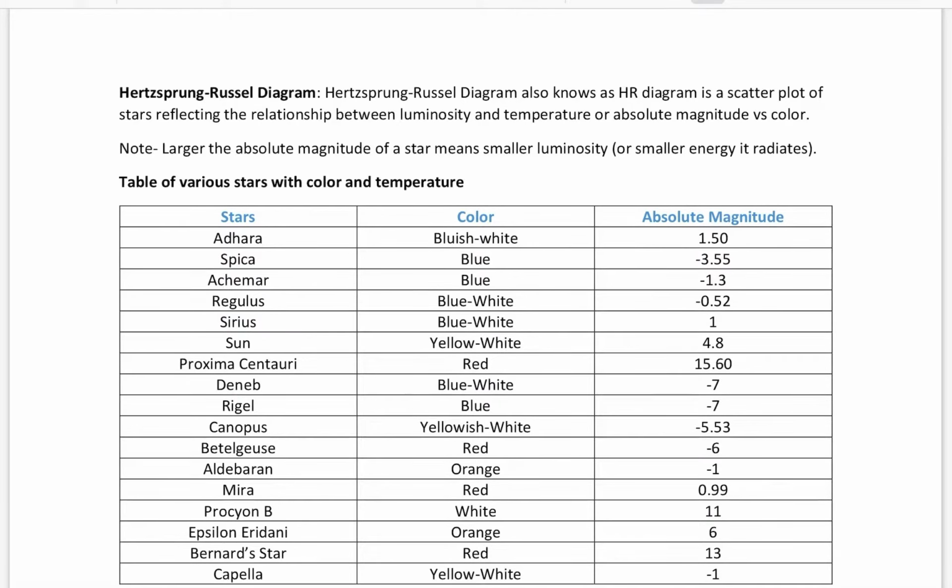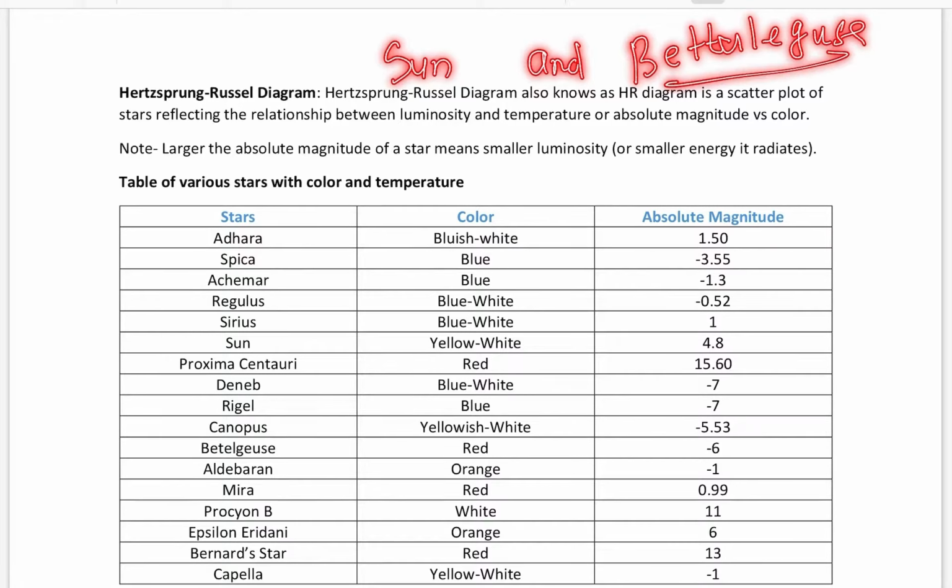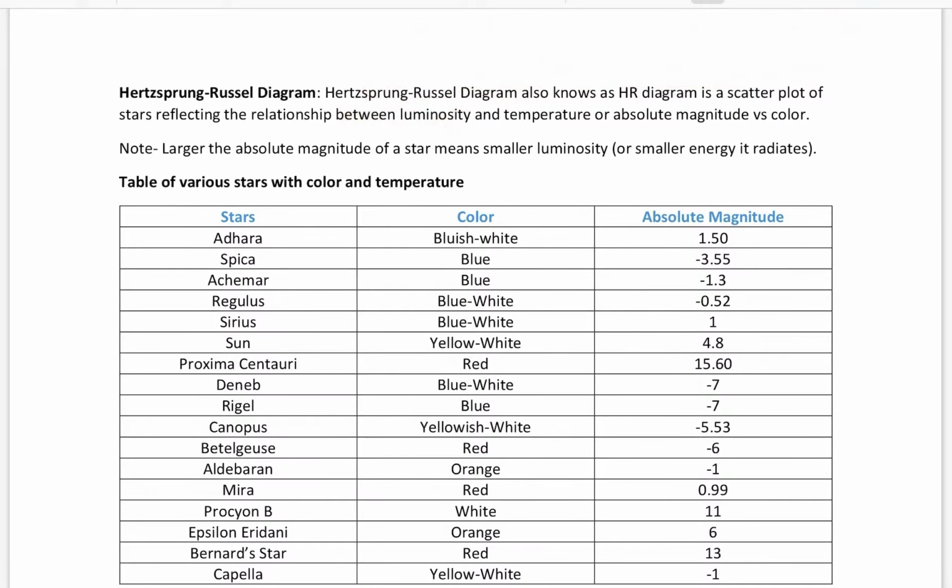The apparent magnitude is how bright a star looks when it is viewed with your eye or through a telescope from Earth. So for example, if you compare the Sun and Betelgeuse, the Sun looks much brighter to our eye than the Betelgeuse star.